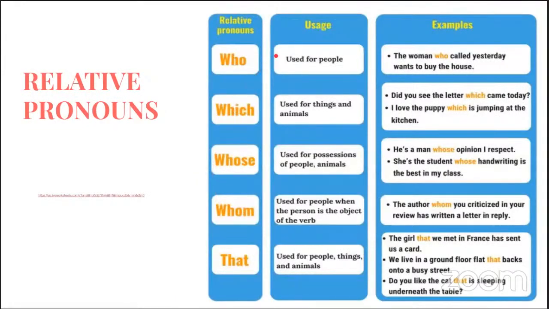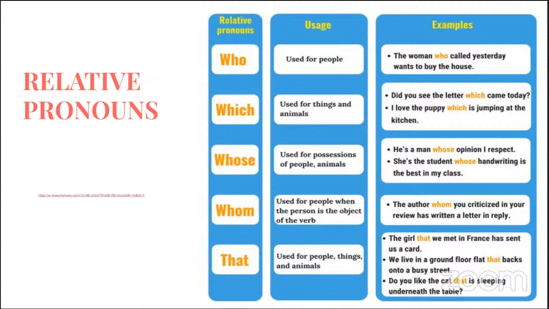And well, here we have the relative pronouns separately and also with their meaning and use. Who, as you know, we are using for people. Okay, it has the same function as the WH. And here we have an example, please.